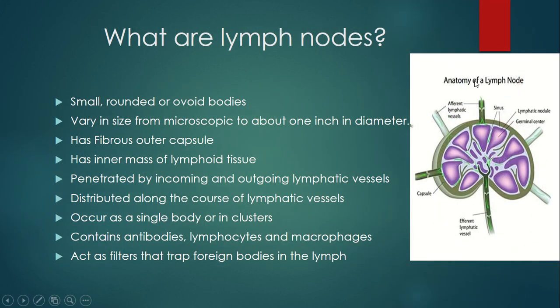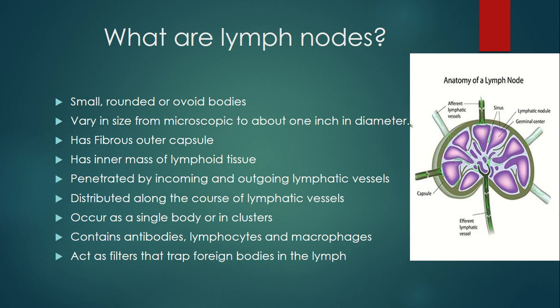Here we are going to explain what lymph nodes are. They are the second important part of the lymphatic system. They appear in the form of small ovoid bodies, or they can be rounded also, and they appear in thousands of numbers.